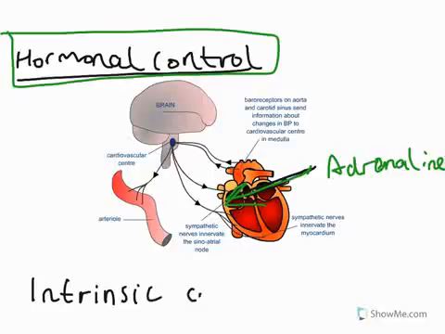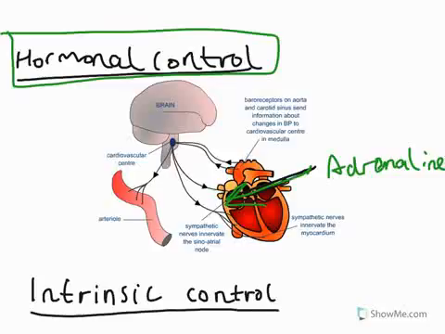Now then, intrinsic control again is a very simple system, and that is to say that when the heart itself becomes warmer and more stretched because it is working more, we've got an increased venous return, for example, so we have an increased ventricular filling which stretches the heart, makes it work harder, increases temperature.